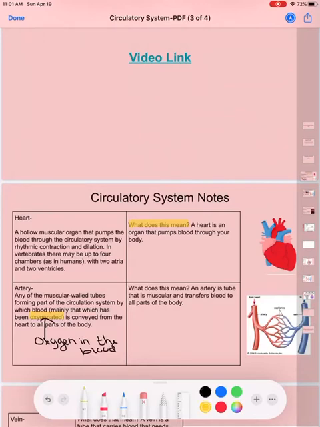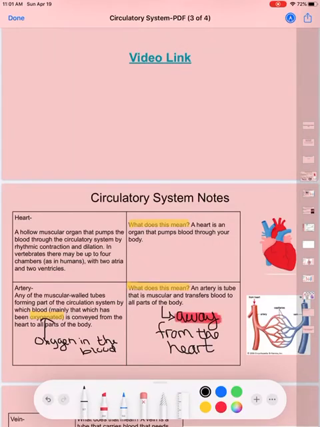So what does this actually mean? An artery is a tube that is muscular and transfers blood to all parts of the body. It takes it away from the heart. Remember that arteries take it away.